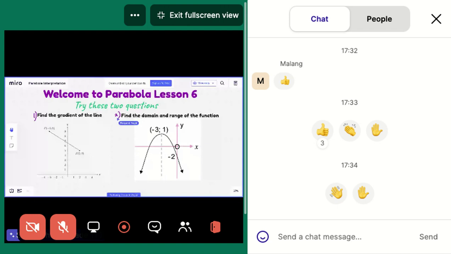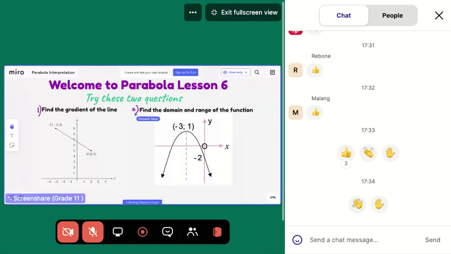We've got quite a lot of parabolas to go through today, and we're going to do consolidation exercises based on the previous week's information that we've gained. So I'm going to give you one more minute and then we can go through these two questions, which will be useful for what we do today.